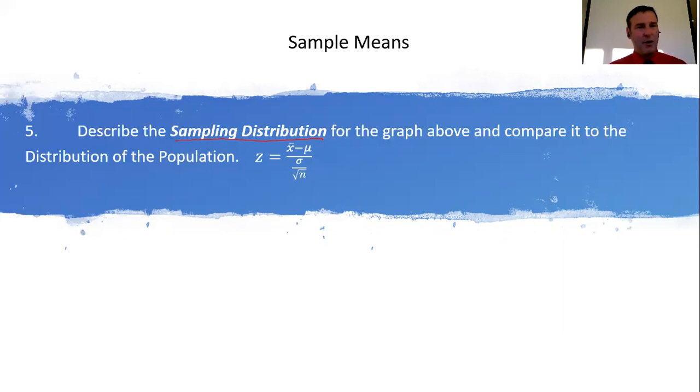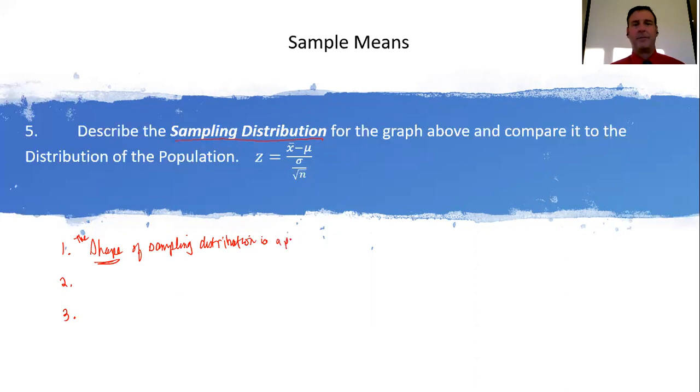However, when we're talking about describing a sampling distribution, I usually want 3 different things. The first thing that we'll look at is the shape. And what I'll say is the shape of the sampling distribution is, I would say, you can say symmetric.